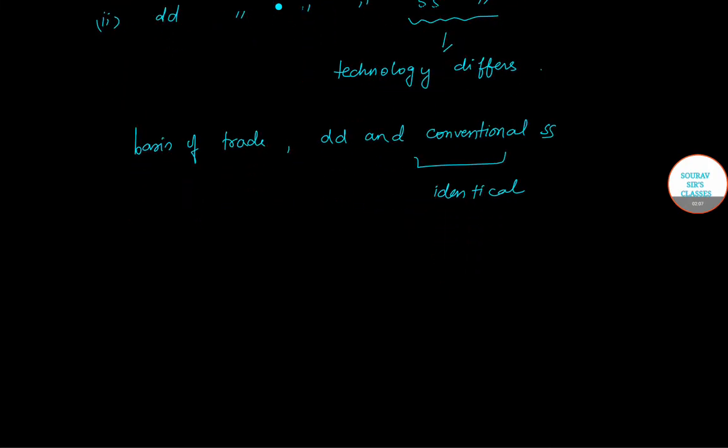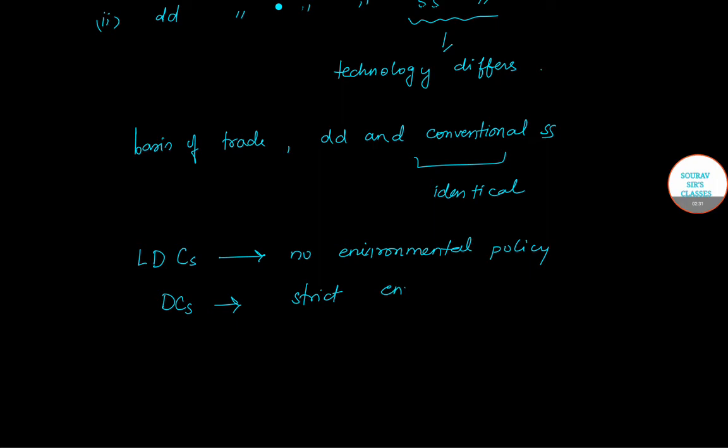The first is that the LDCs or the low developing countries follow no environmental policy, while the developed country, I am just writing DC, follow strict environmental standard.